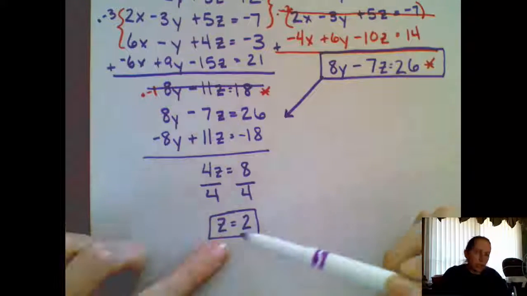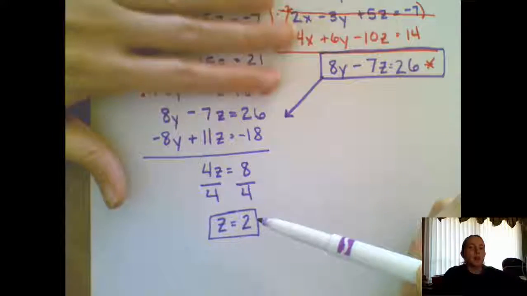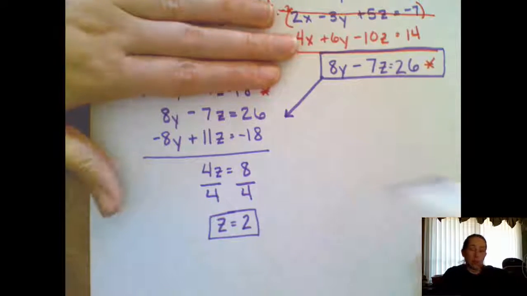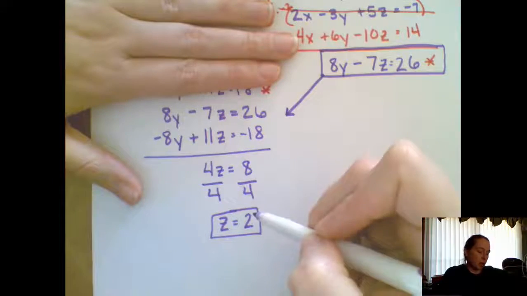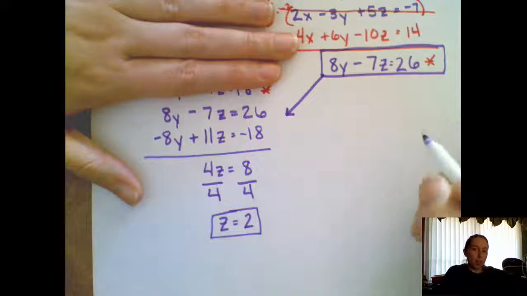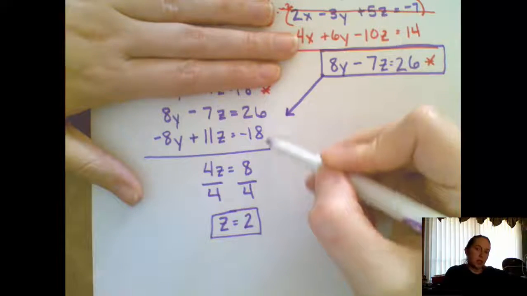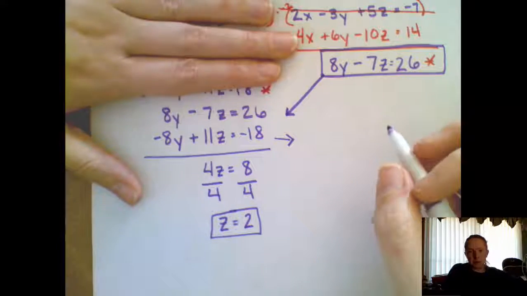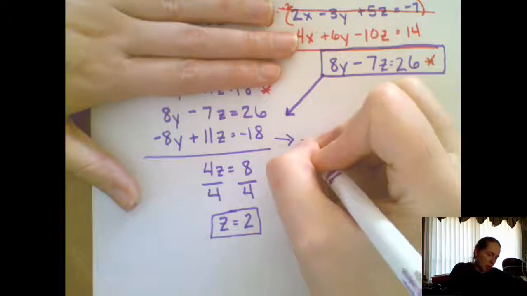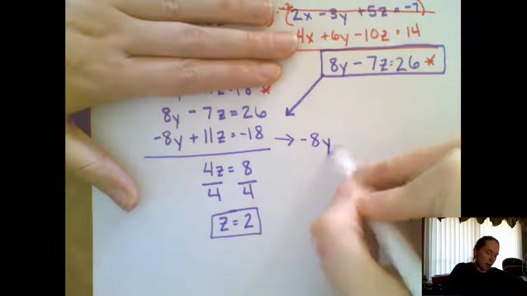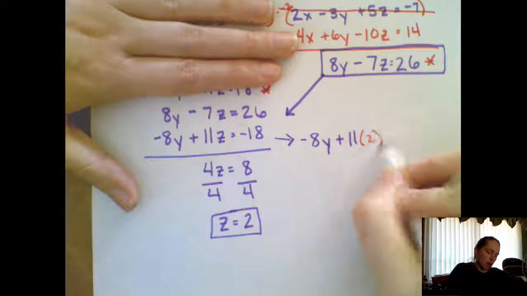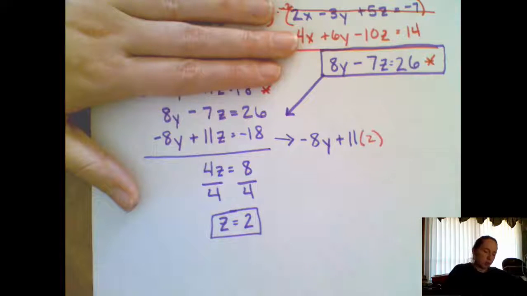Now that we found that z equals 2, and remember that this was the system of equations that we used to find that, like we were doing earlier this week, we would plug in 2 for z and find out what y is. Now we can use either one of these equations. I'm just going to use this bottom one because it makes my life a little bit easier. So I'm going to take -8y plus 11, but instead of z, I'm going to plug in a 2 because I just found z to be 2.